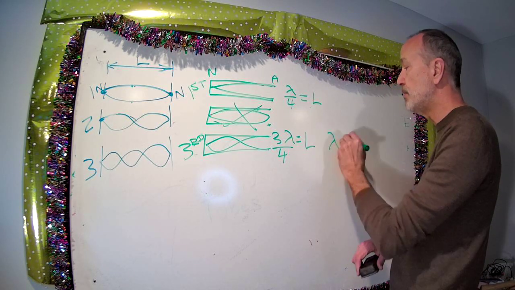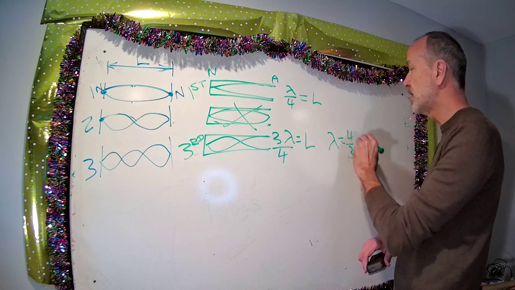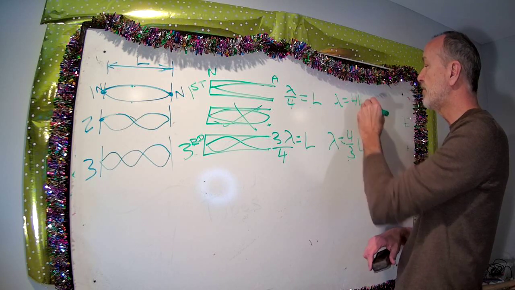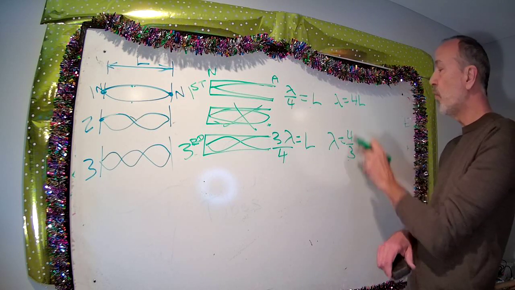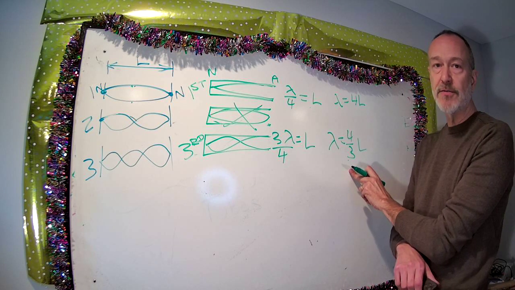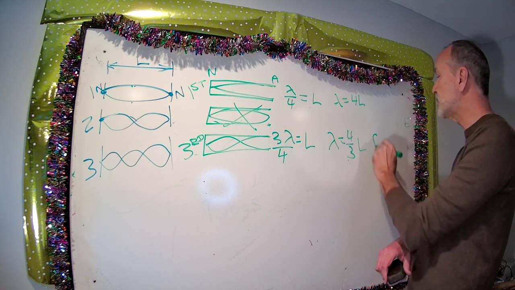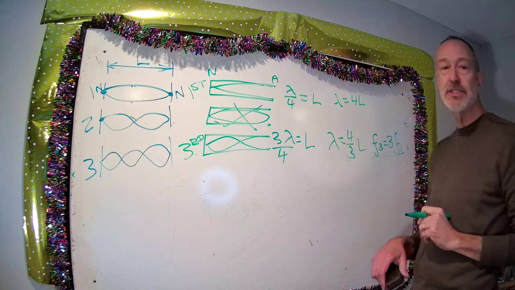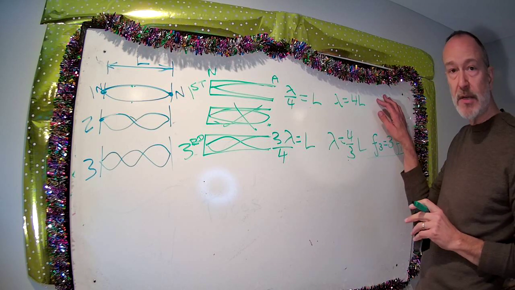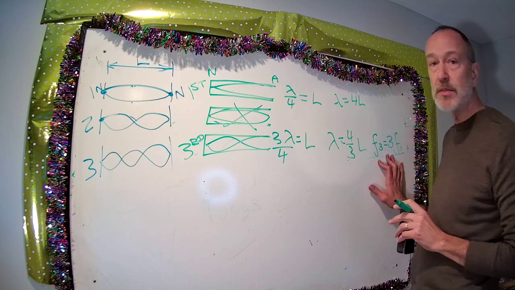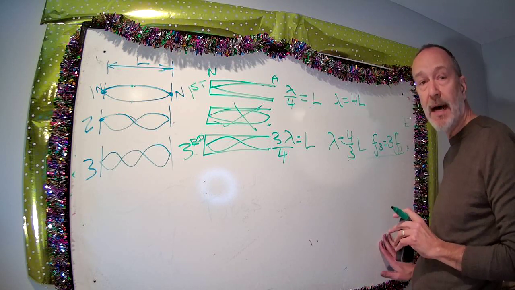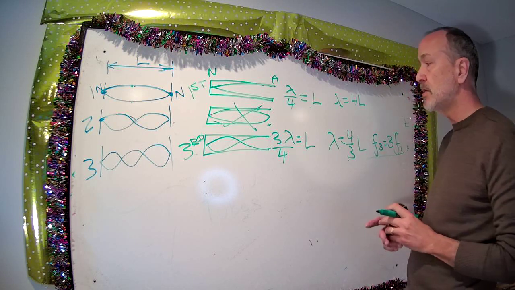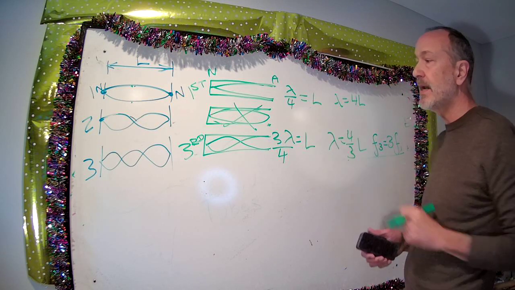So lambda would be 4/3 L. The other lambda would be 4L. So you can see the wavelength decreases by a factor of 3, and the frequency increases by a factor of 3. So we can still use that relationship between the fundamental frequency and the higher frequencies, but there will only be odd multiples, odd harmonics. We won't have these even harmonics in there.